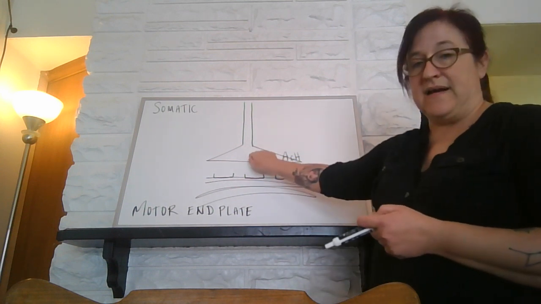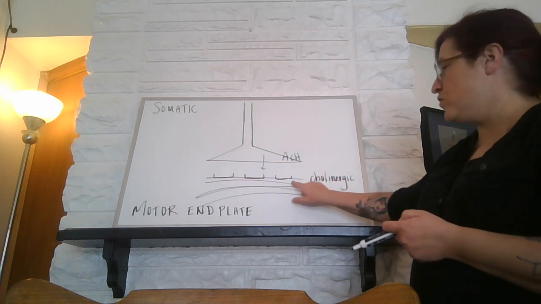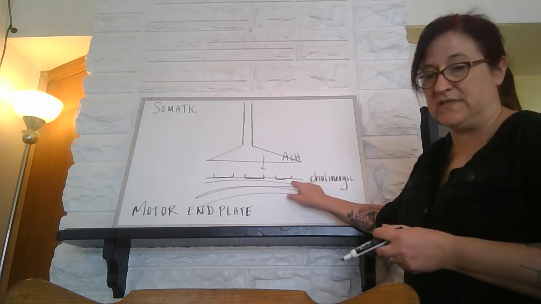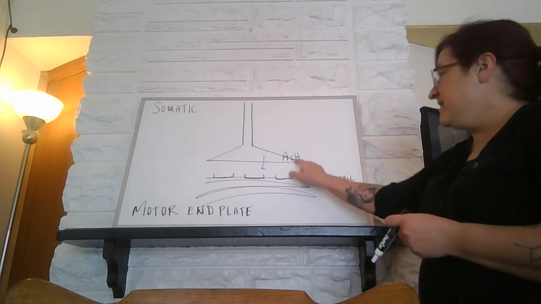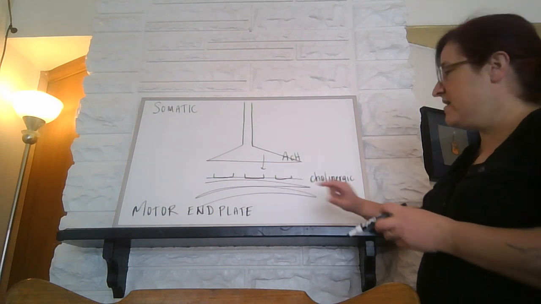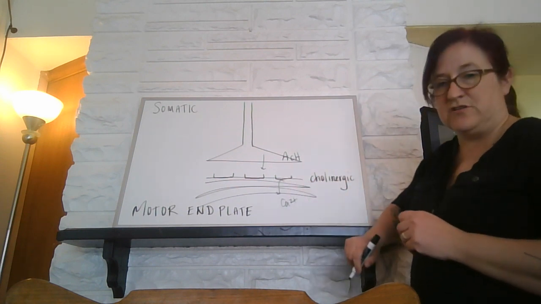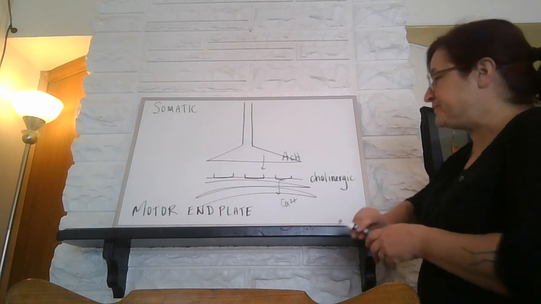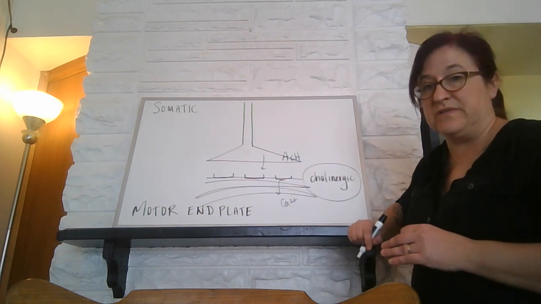Those somatic nerves also release acetylcholine that act on cholinergic receptors, but these receptors are on skeletal muscle. When these receptors are activated, then we allow calcium into the muscle so that muscle contraction can take place. So it is a type of cholinergic receptor.